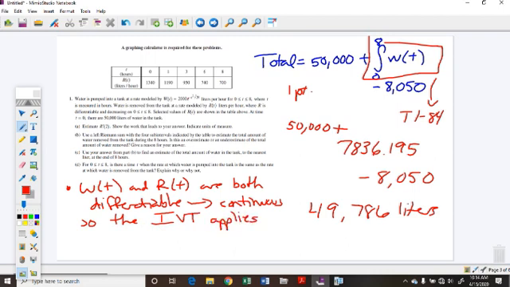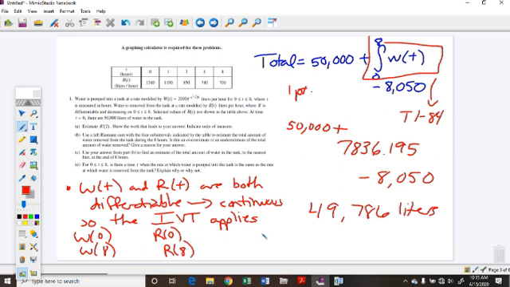All right. Now, the next thing that you've got to do, they're asking, is there a time t when the rate at which water is pumped into the tank is the same as the rate at which water is removed from the tank? So what we have to do is look at W of 0 and W of 8, and compare that with R of 0 and R of 8.